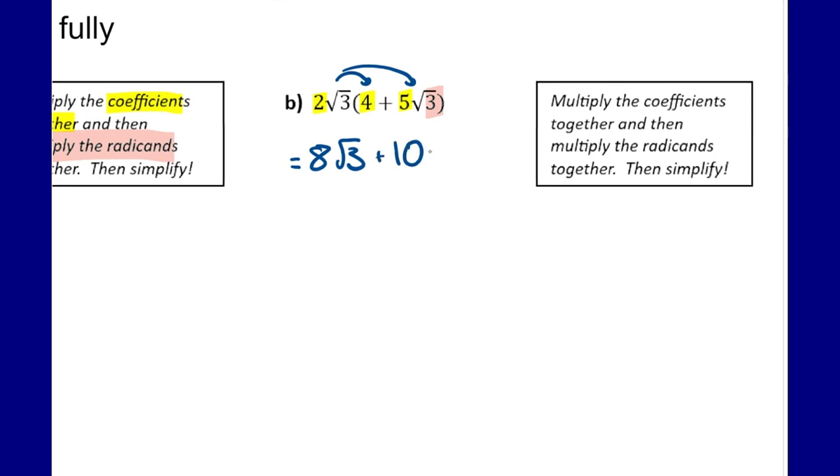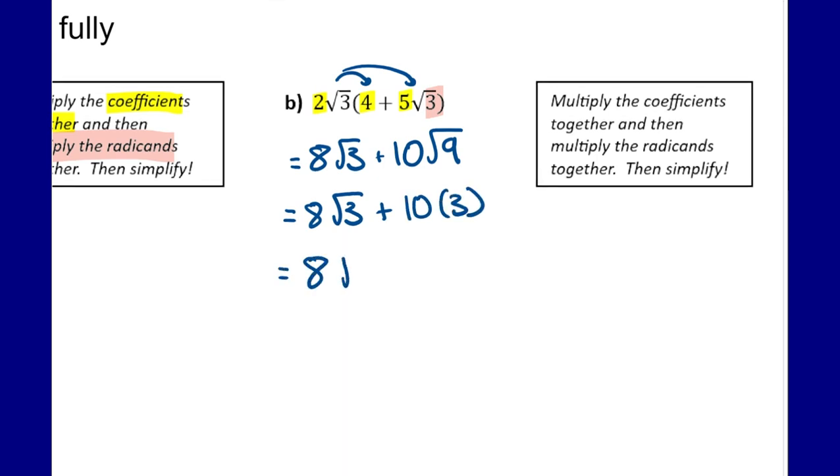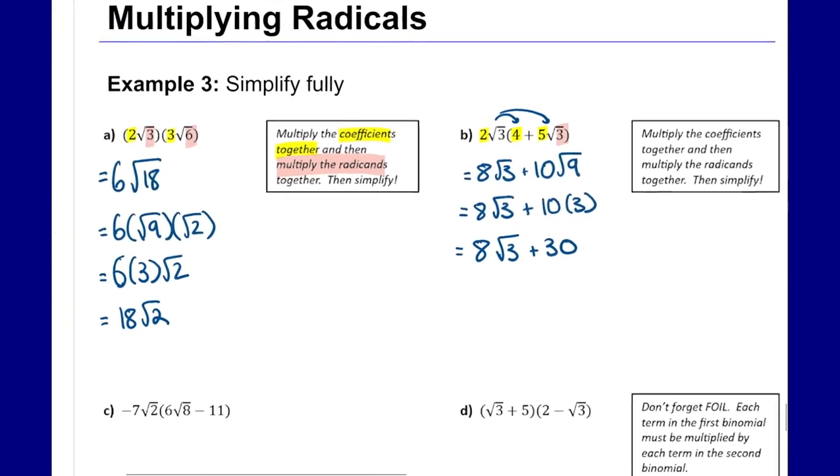And then I have root 3 times root 3, or 3 times 3, so root 9. This simplifies to 10 times 3, because 9 is a perfect square. So I get 8 root 3 plus 30. Because one has a radical and one does not, they're not like terms, so I can't add them. I'm going to leave it as it is.